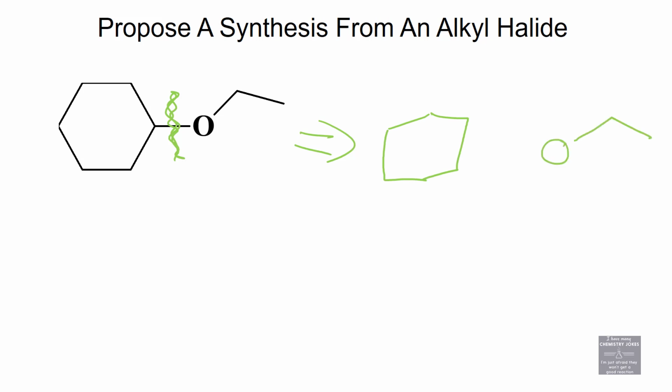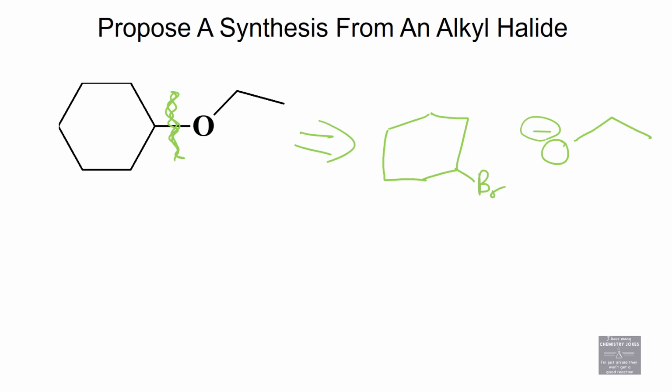And if that bond is the bond I'm trying to make, I can imagine the halogen needs to be on this carbon. We haven't exactly said it explicitly, but Sn2 works better with anionic nucleophiles. So instead of just an O that's not got a charge, I'm going to make this an O minus.